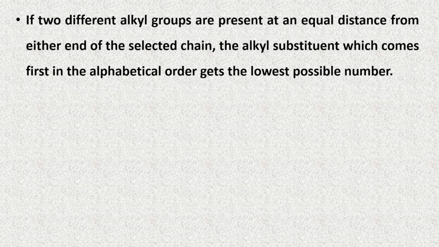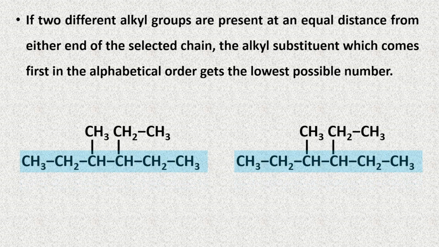If 2 different alkyl groups are present at an equal distance from either end of the selected chain, the alkyl substituent which comes first in alphabetical order gets the lowest possible number. Consider this compound. Here we have methyl as well as ethyl substituents, and both of them are equidistant from either end of the chain.